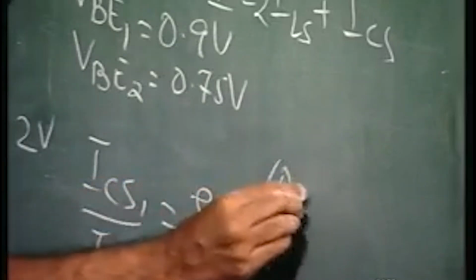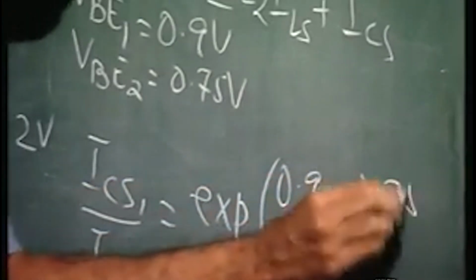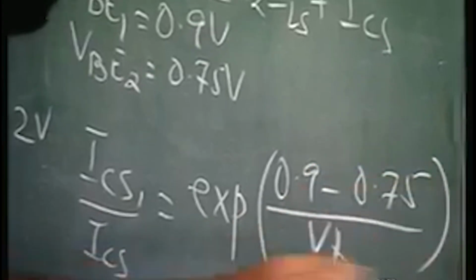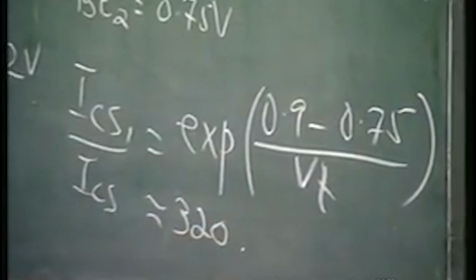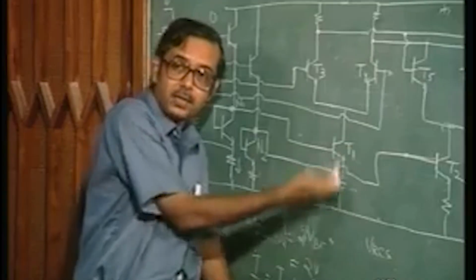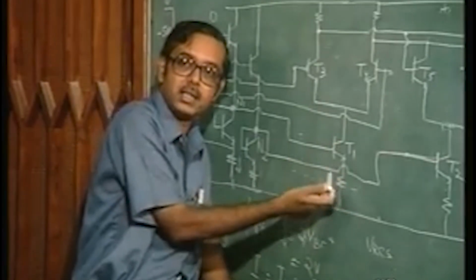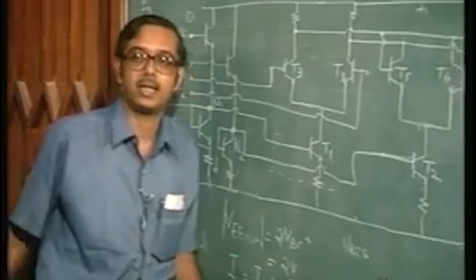So, it is going to be exponential of 0.9 minus 0.75 by VT. So, this is around 320. So, the current flowing through one branch here is going to be about 300 times that of the other branch.